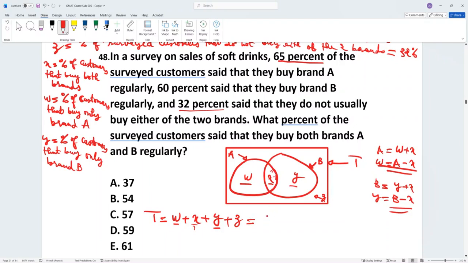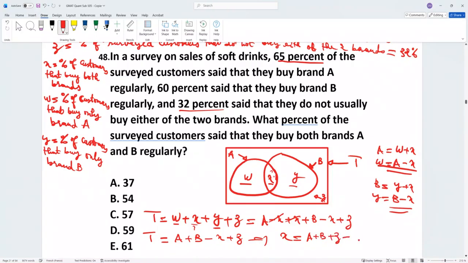The total T is going to be A minus X, plus X here, plus B minus X, plus Z. And because this is going to cancel, we are going to have A plus B minus X plus Z. So now X, if we want to find the value of X, it's going to be equal to A plus B plus Z minus T. Okay, so that's how we can find our solution.